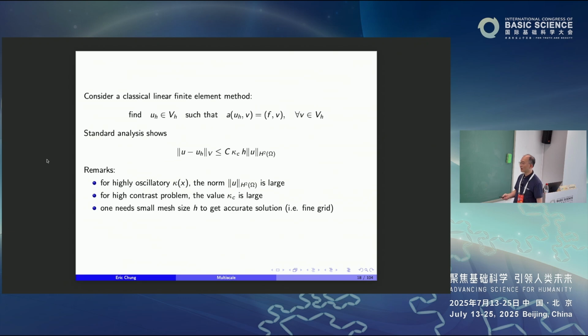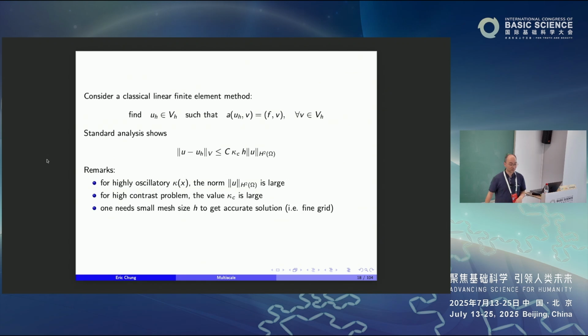And there's also kappa_C here. This kappa_C is the contrast of the coefficient, which means that if kappa has very high contrast, this number is also large. And this also means that in order to get a reasonable numerical solution, you need H to be very small, and this H is your mesh size.